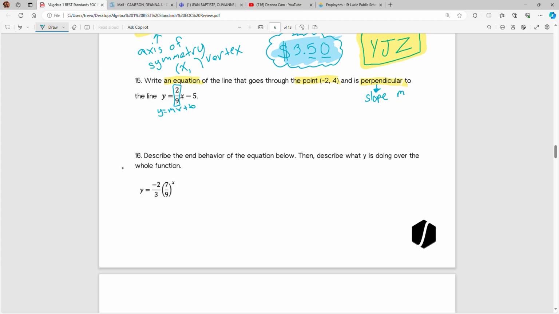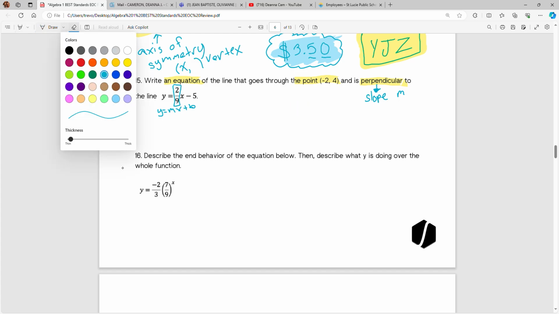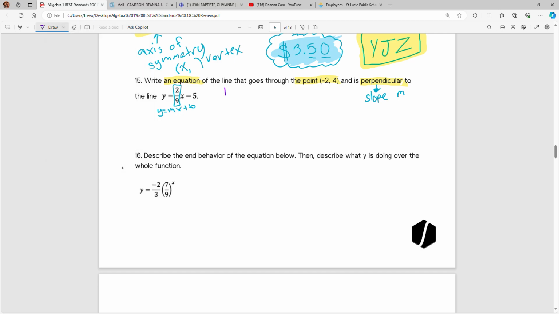The point-slope formula given to you on the reference sheet is y minus y1 equals m times x minus x1. And that's it.